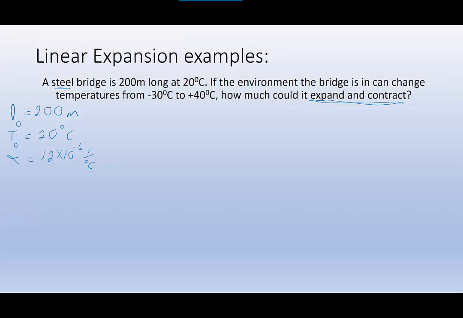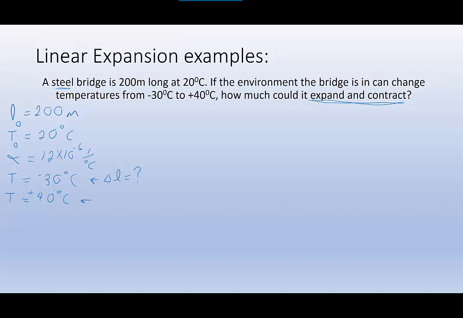Now that's not all that I know. There's two more things that I know. I know that one of my T finals is -30 degrees Celsius, and my other T final is +40 degrees Celsius. What I want to know is how much it could expand and contract. So really, I want to know if my final temperature is -30, what is my delta L?